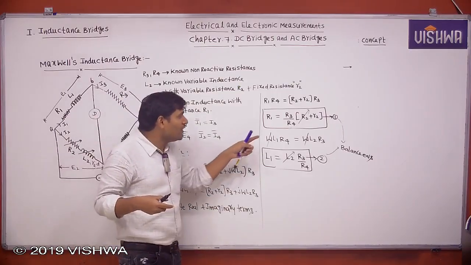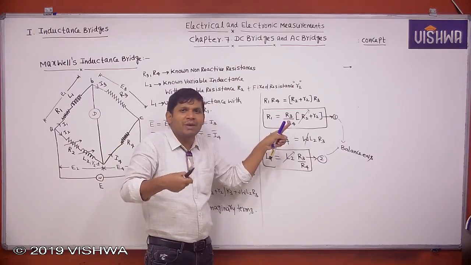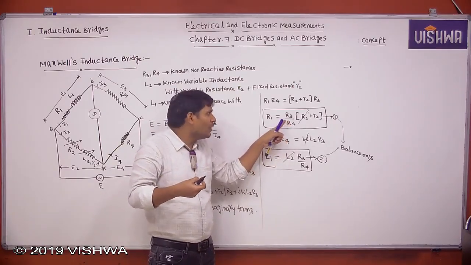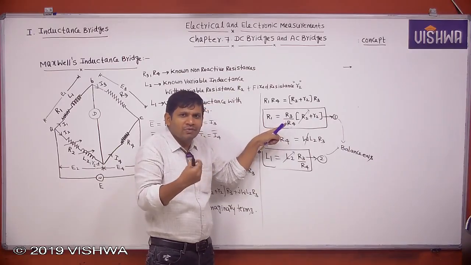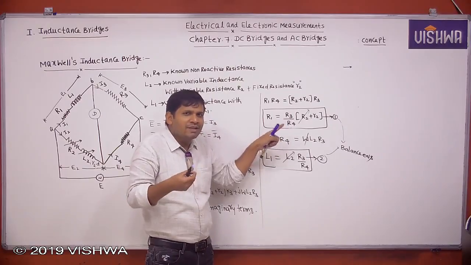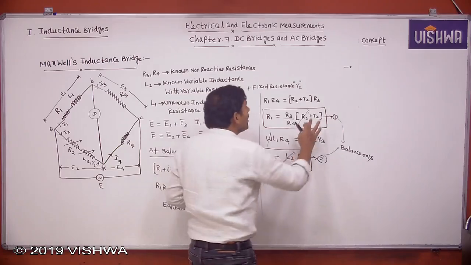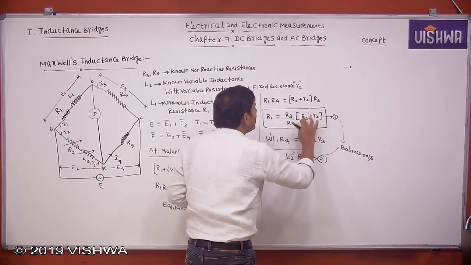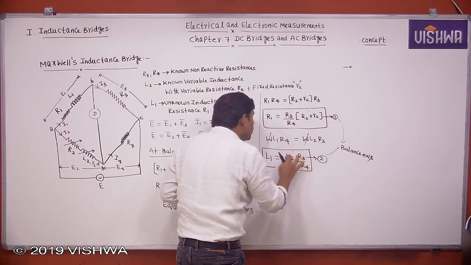If any frequency term is present, because the supply frequency is always changing plus or minus, then whatever value you fixed also deviates. Once it deviates, there is some minimum sound we can get. That's the reason it takes more time to get the balance. But in the case of Maxwell's inductance bridge, is there any frequency term in the balance equations? No frequency term.